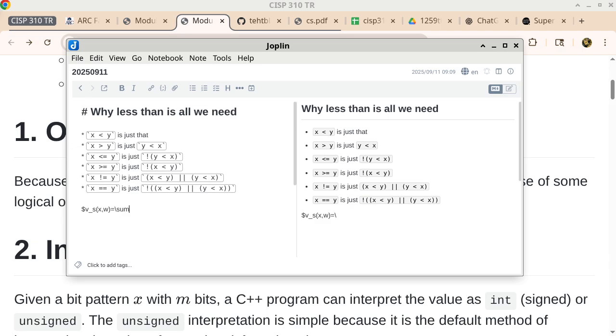So you can say the summation where i starts from 0 and i ends with w minus 2, and then we have x underscore i, because we are extracting a particular bit, times, and if you want to emphasize the times, you can use \cdot or center dot. The other one is 2 to the power of i.